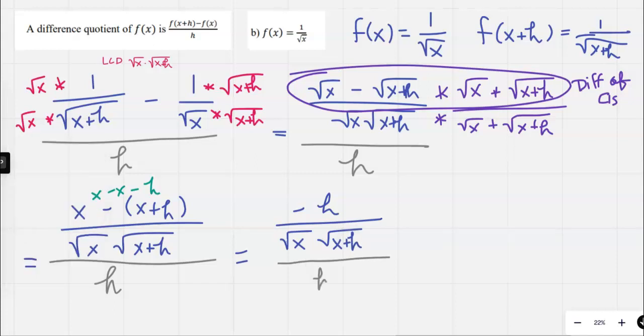Now here's where things get really helpful with that divided by h. Because notice that we have an h in the numerator of our numerator, and we have an h in the denominator. In fact, we could be so bold as to rewrite this and say, you know what? Dividing by h is the same as multiplying by 1 over h. Okay.